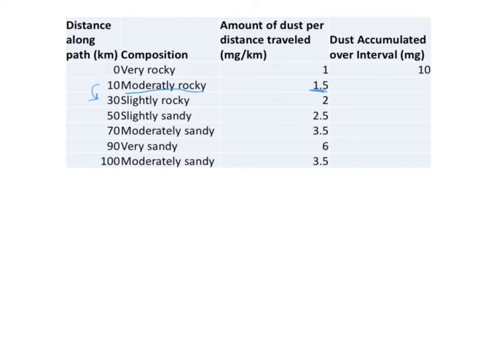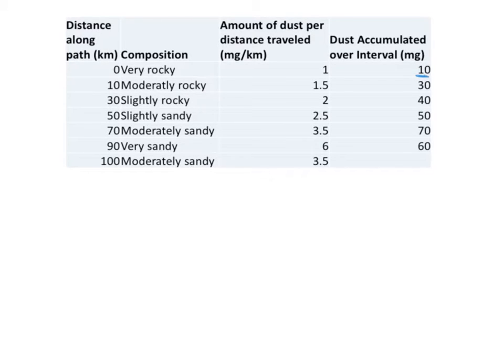So we are assuming that this rate is constant for the entire trip from 10 kilometers to 30 kilometers. So for the second interval, the rover is going to accumulate 20 kilometers multiplied by 1.5 milligrams per kilometer, or 30 milligrams of dust total. So repeating this process for every interval, we get this table of data.